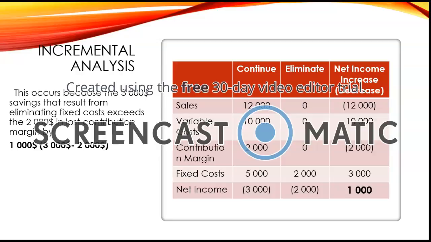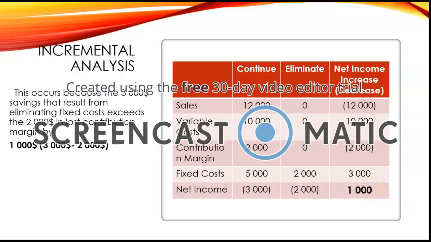Here is another example. Assume the same situation as in the previous one, except now assume that $3,000 of the fixed costs attributed to the Fizzy line is eliminated if the line is discontinued. In this case, because the company is able to eliminate some of its costs, by eliminating the division it can increase its net income by $1,000.